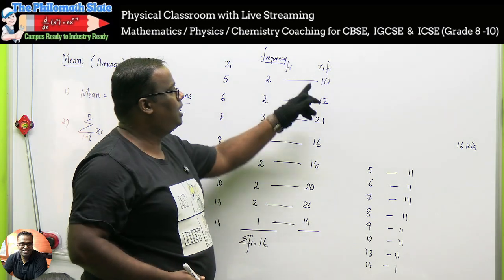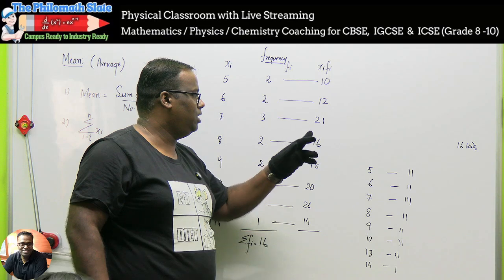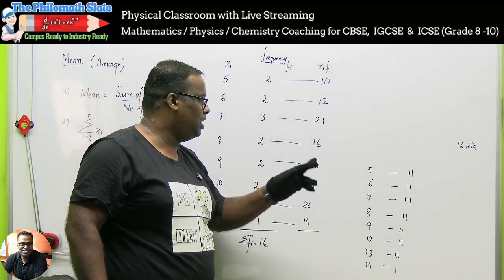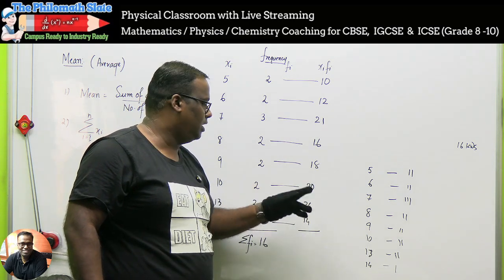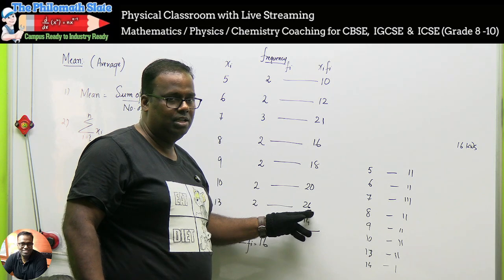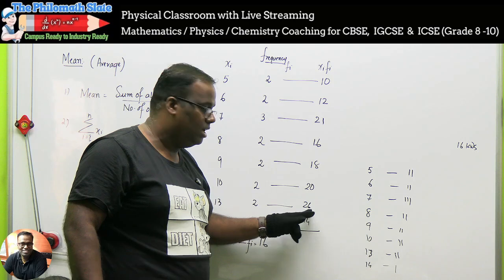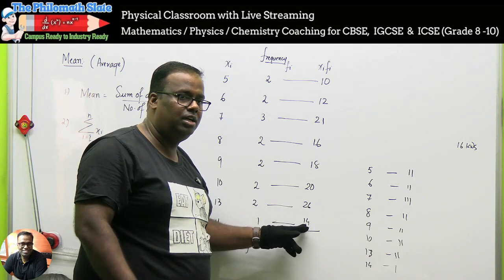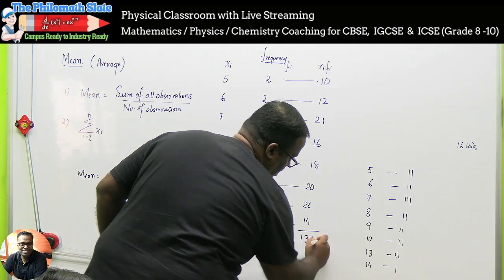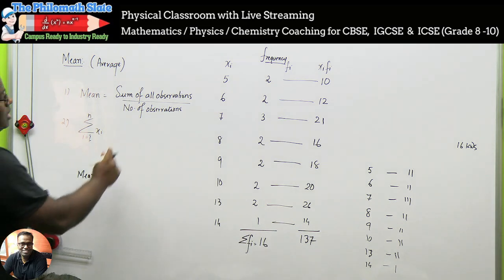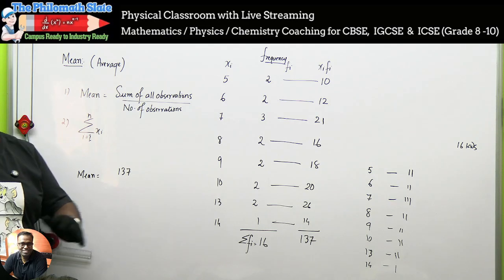Let's add: 10 plus 12, 22, 43, 53, 59, 69, 79, 87, 97, 107, 117, 127, take away 4, 123, add 10, 133, add 4, 137. 137 is the addition. So the sum of all the observations is 137. Start thinking, don't memorize.